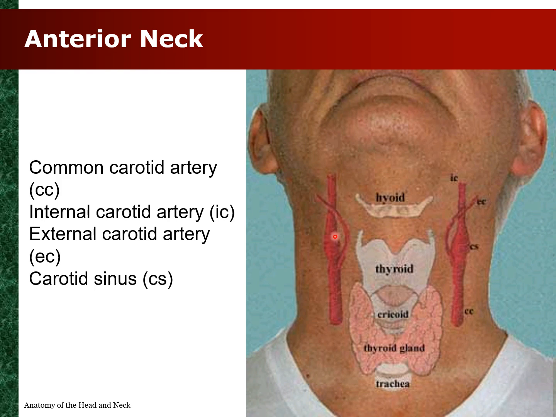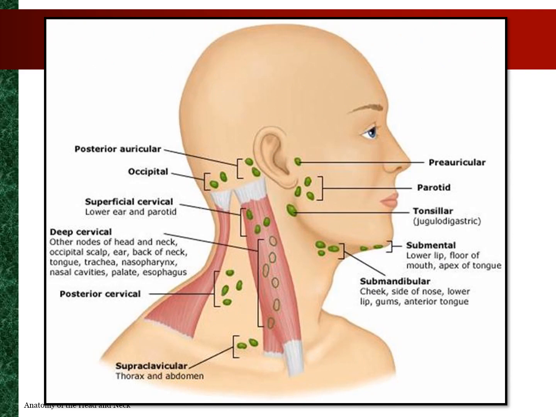Laterally there is the common carotid artery, which divides into the internal carotid artery and external carotid artery. And here this dilated part is given the name carotid sinus. So first remember the landmarks of this neck region, then you can palpate each and every structure.